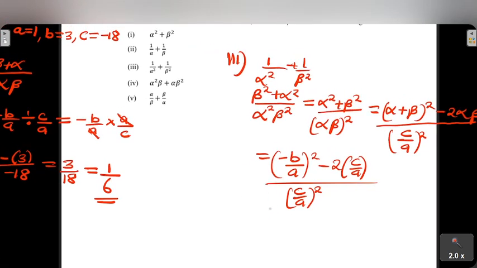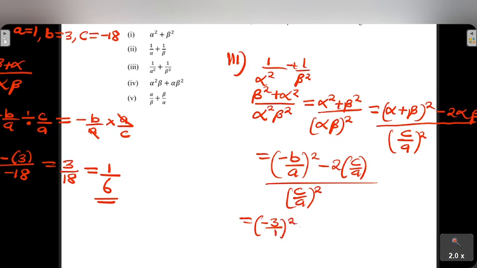So we have negative, what is our b? b is 3 there, as you can see. Then we have an a. Remember that is squared. So we're going to say open brackets, then negative b, which is 3, over a, which is 1.